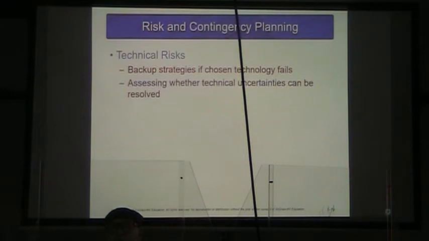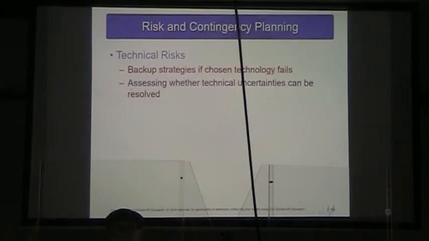All right, so when we have technical risks, what is our backup strategy if our chosen technology fails? Right? If we're developing a brand new technology, that could be a tough one. Maybe we can fall back on a proven technology and make it seem like it's more enhanced than it actually is.